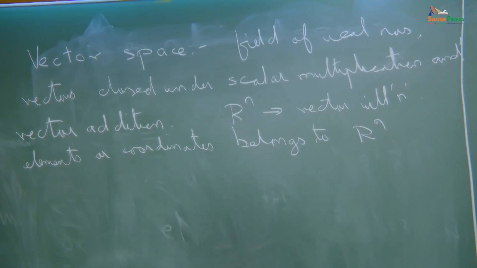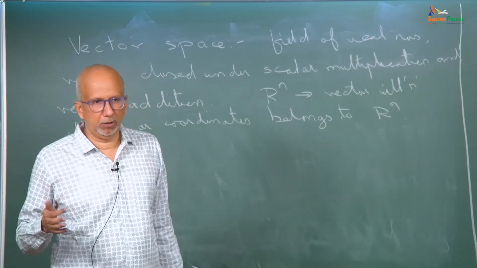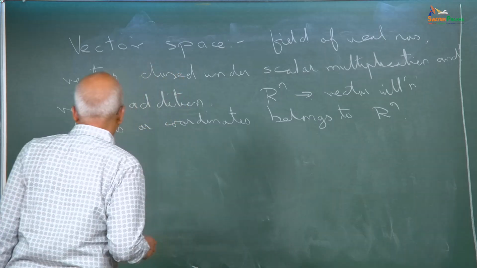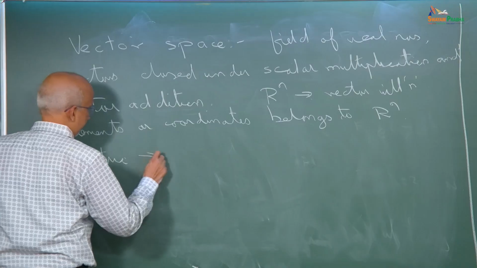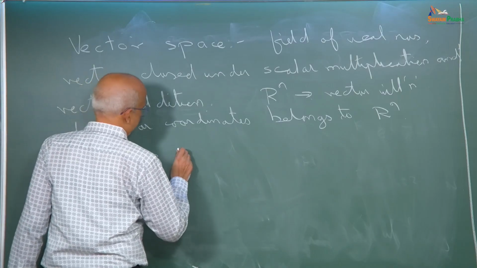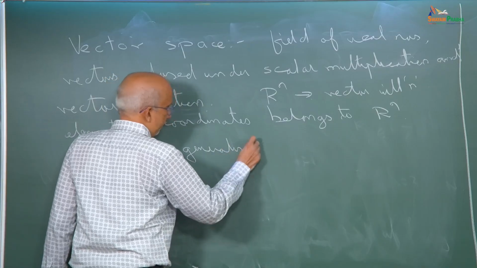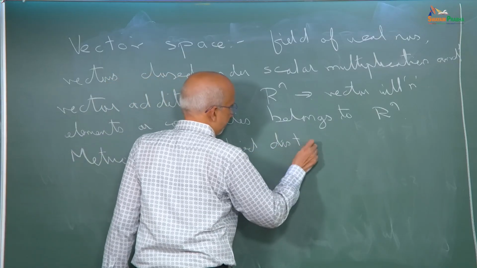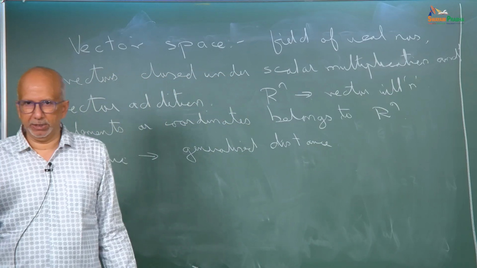Now, after this we spoke about the concept of linear independence. Before that, we spoke about metrics, norms and inner products. A metric is basically a generalized distance, just to show that there is more than one way of thinking of distance.